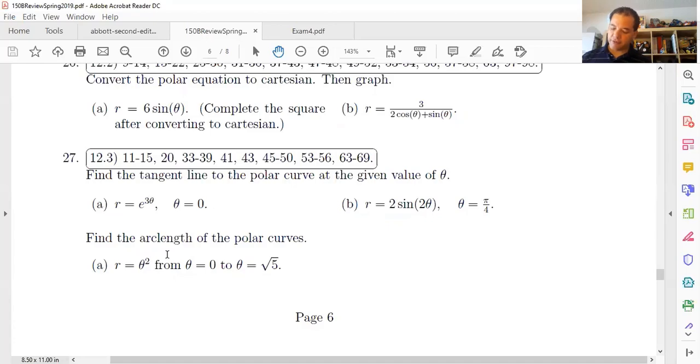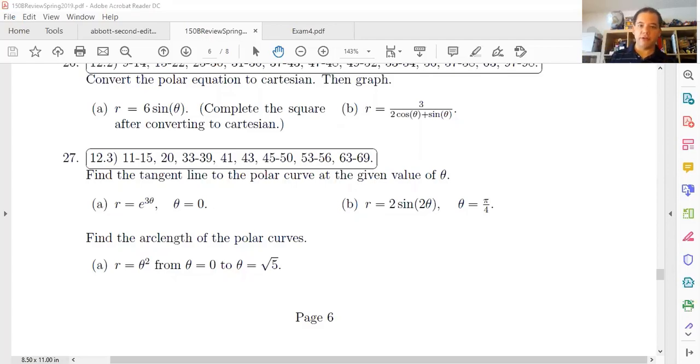You go from alpha to beta, and it's the derivative squared plus the original function squared. And the one we want to do is r equals theta squared from 0 to radical 5.